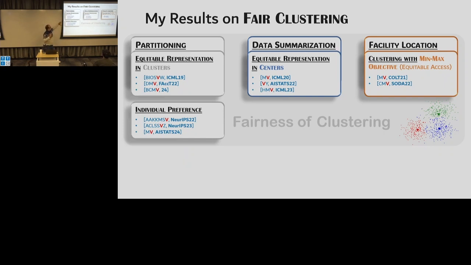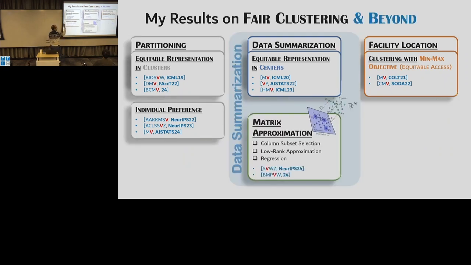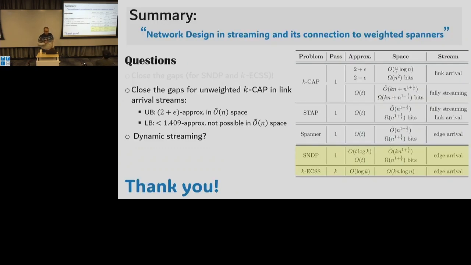That's another thing I'm very interested in: the fairness of algorithms and clustering, and more generally the fairness of data summarization, which is a more recent paradigm that I'm working on. Because I don't have much time, let me get back to the final slides from the streaming algorithm. Thank you, and let's see if you have any questions.